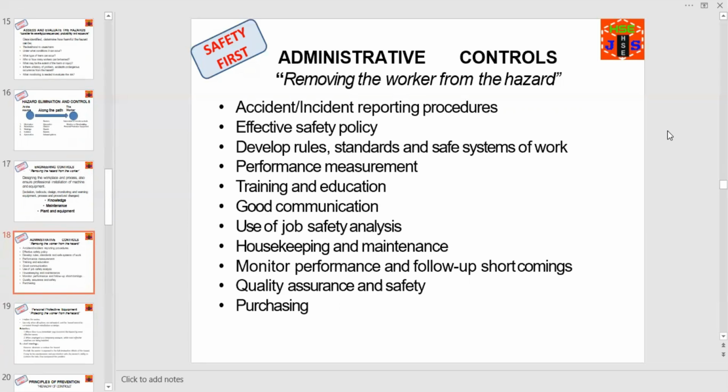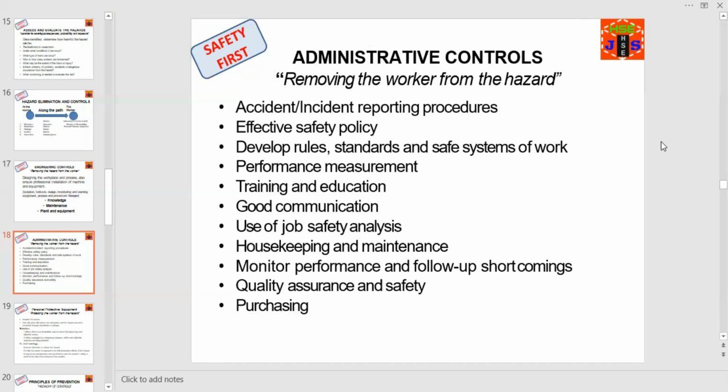Let us discuss what administrative controls are. Removing the worker from the hazard: accident and incident reporting procedures, effective safety policy, developing rules, standards, and safe systems of work, performance measurement, training and education, good communication, use of job safety analysis, housekeeping and maintenance, monitoring performance and following up shortcomings, quality assurance and safety, and lastly, purchasing the required resources or materials.